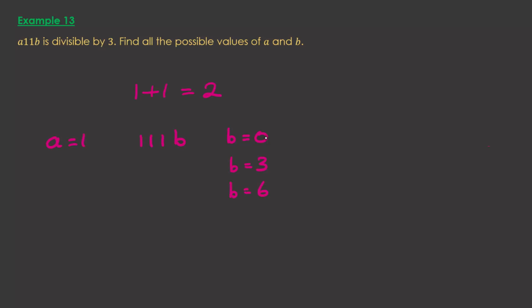We could have B is equal to 6, and the individual digits would add up to 9, which is divisible by 3. And we could have B is 9, and the individual digits would add up to 12. And so all of these are possibilities. If A is equal to 1, B could be equal to 0, 3, 6, or 9.